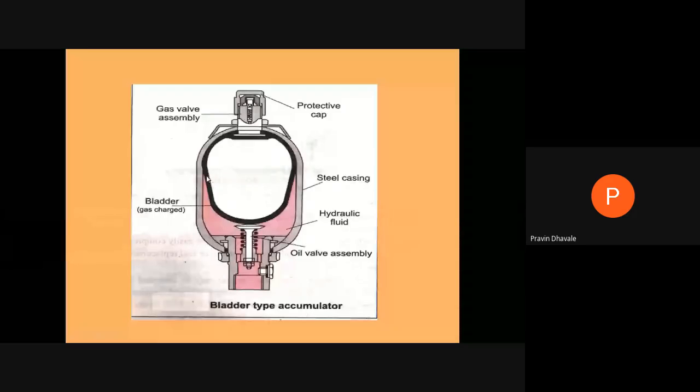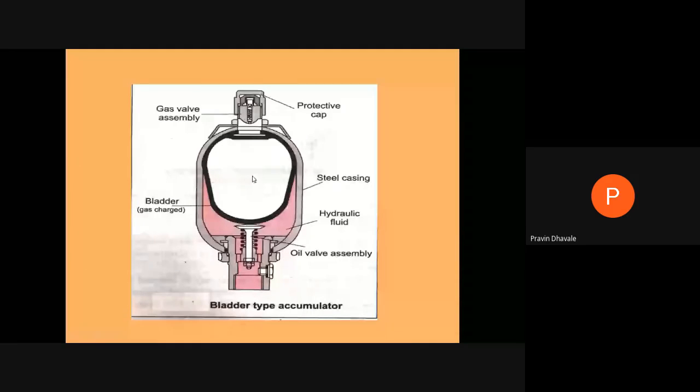Now on this bladder type accumulator, this is the elastic membrane that separates oil from gas. With the pressurized fluid, it acts as the elastic separator between oil and gas.